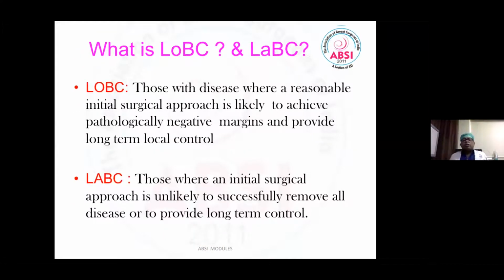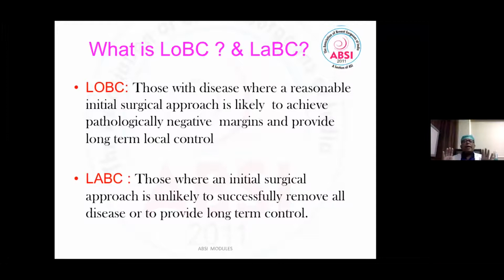Now coming to this, look at this. We have got two different categories of locally advanced cancer. One is a large operable breast cancer. The other is a locally advanced breast cancer. Locally advanced actually means a surgical approach is not possible at the time when the patient presented to you.